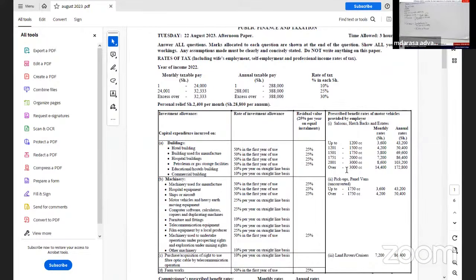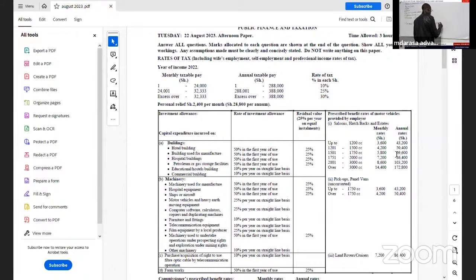For example, maybe I'm having a car with a CC rating of 1600 cc. You'll find that it lies in this range, 1501 to 1750. So the amount for the whole year is 69,600.